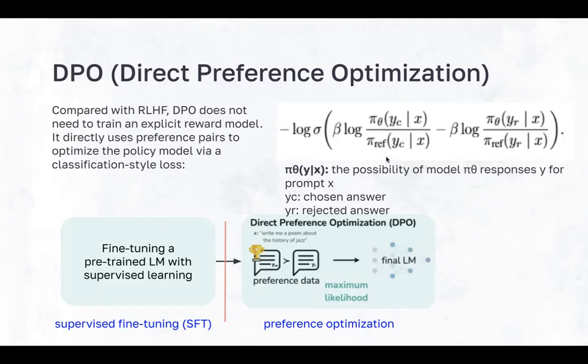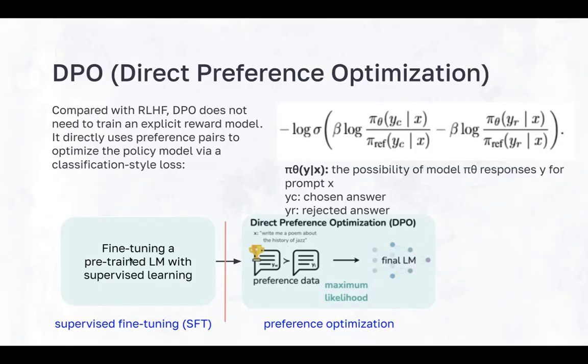In this formula, pi sub theta of y given x means the probability that the model pi sub theta responds y for prompt x, and y sub c means the chosen answer. You can think of it as the good answer, and y sub r means the rejected answer, which is a bad answer.